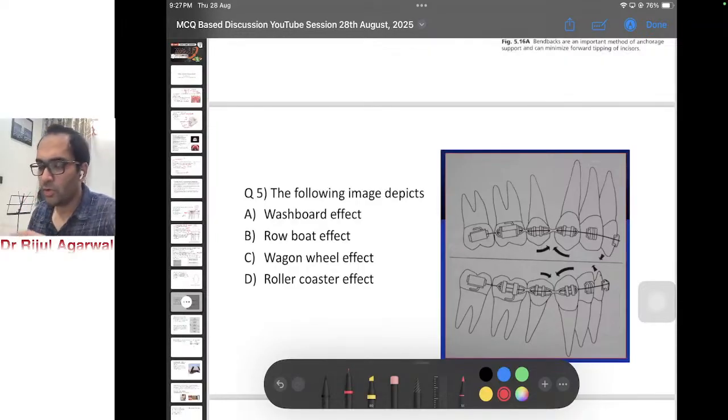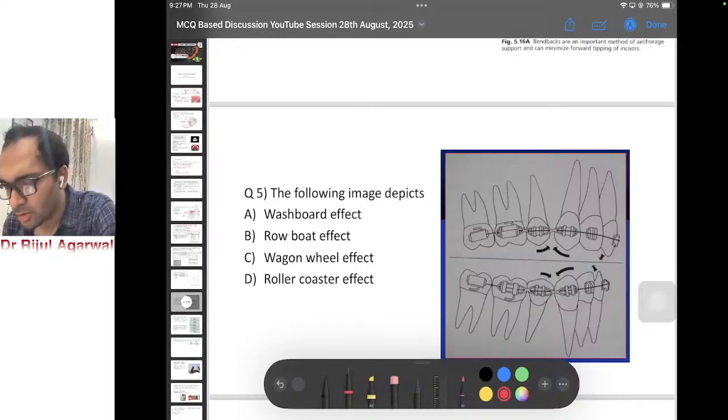No one else? Okay, so the correct answer is roller coaster effect, not rowboat effect.